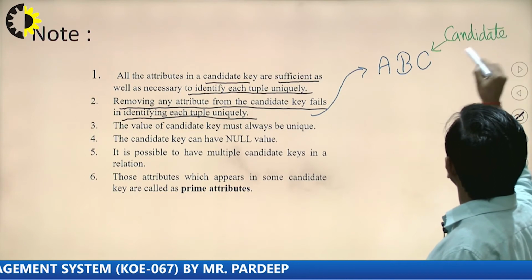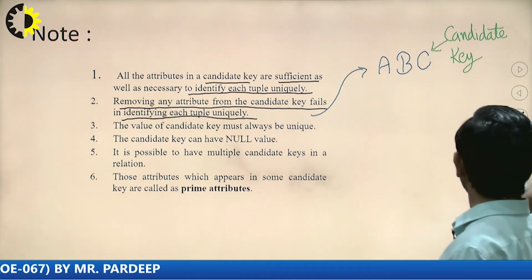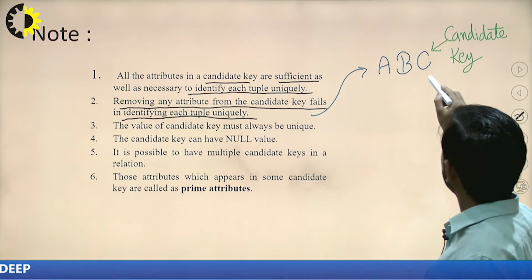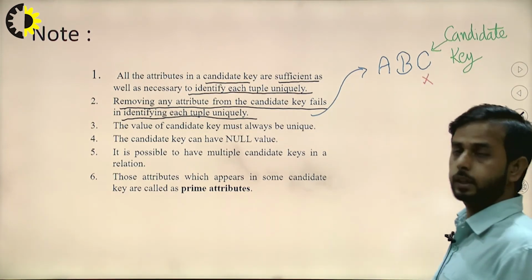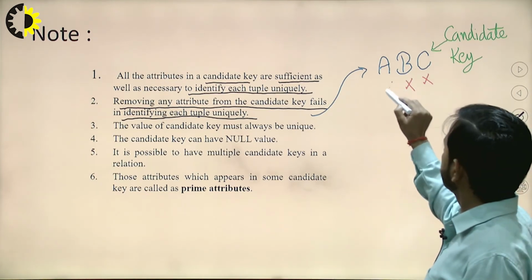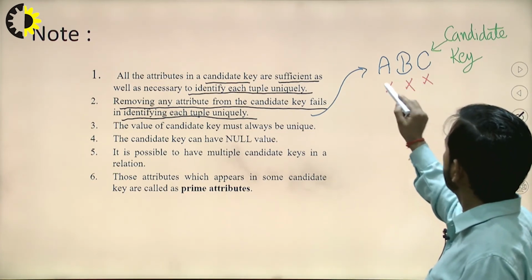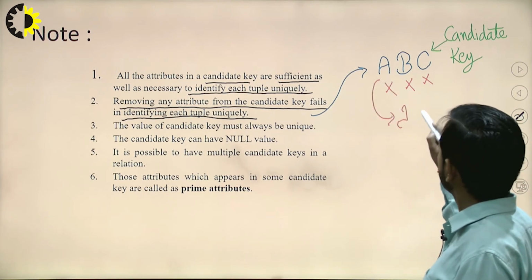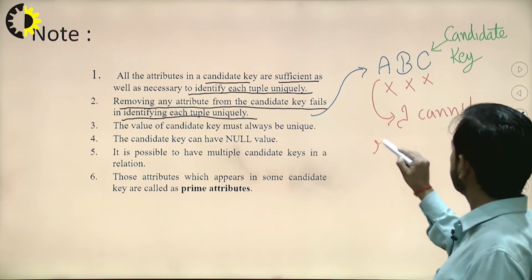If I remove C, this will no more be a candidate key. If I remove B, this will not be a candidate key. If I remove A, this will not be a candidate key. So I cannot remove any of the attributes.